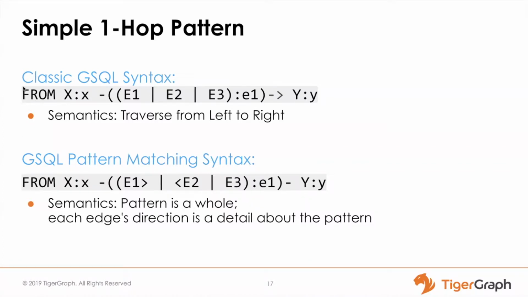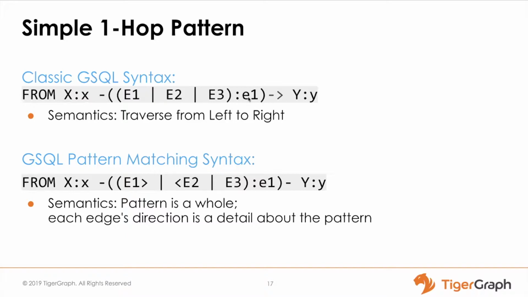On the top is the classic GSQL syntax. Notice that we have the right arrow. In the syntax before the 2.3 version, we have the starting source and then a dash, and then in the parentheses, you have the disjunctive edge types that you want to traverse.